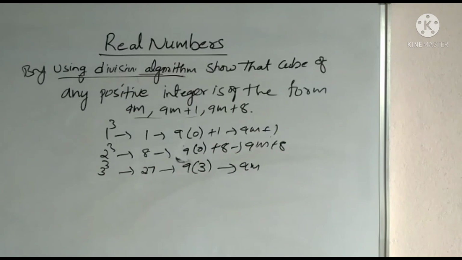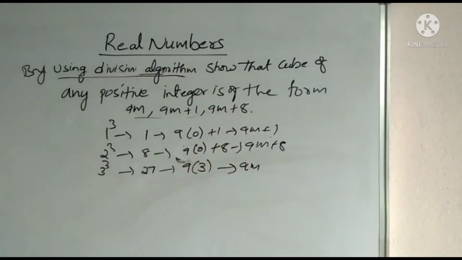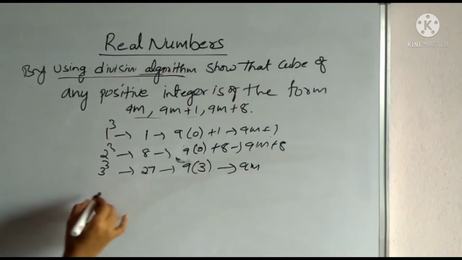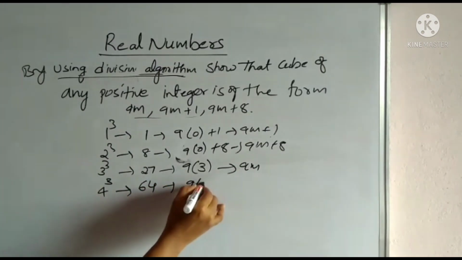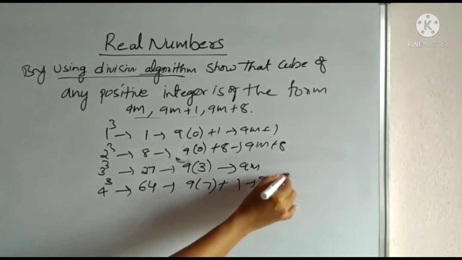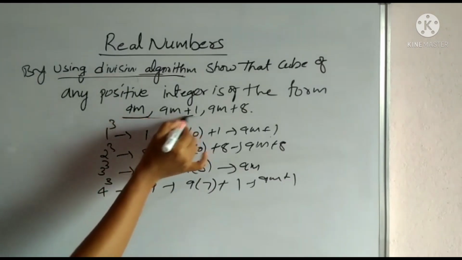So the cube of any positive integer can be written as 9m, 9m plus 1, 9m plus 8. That is what we have to prove. Suppose we take 4 cube, that means 64, right? So 9 into 7 is 63 plus 1. Again it is in the form of 9m plus 1. So we should prove that the cube of any positive integer can be written in the form of 9m, 9m plus 1 and 9m plus 8.